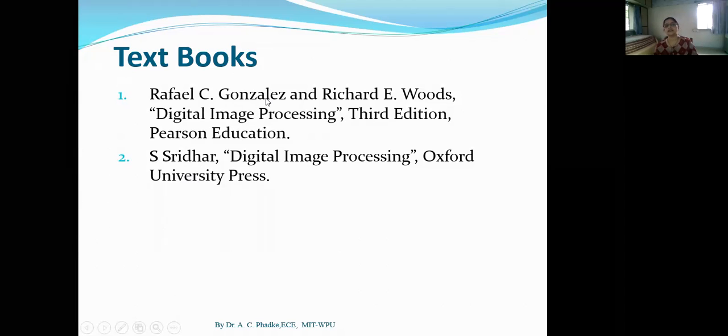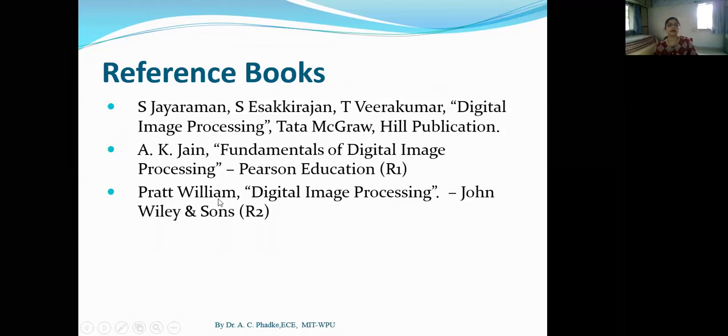The Gonzalez Woods book is very good, and this Sridhar book you can refer for numericals. With small numericals he has explained the concepts very well. And there are many other reference books, and very good online tutorials are available for this subject.